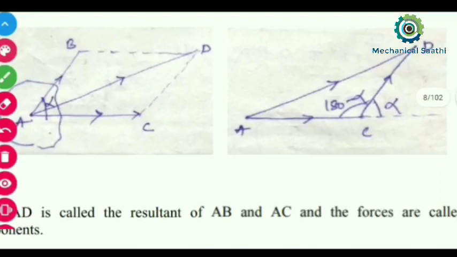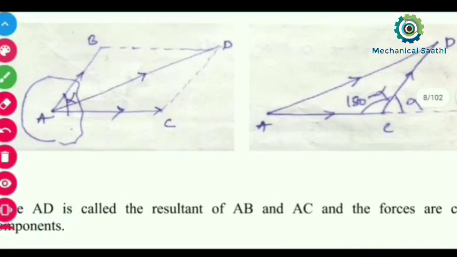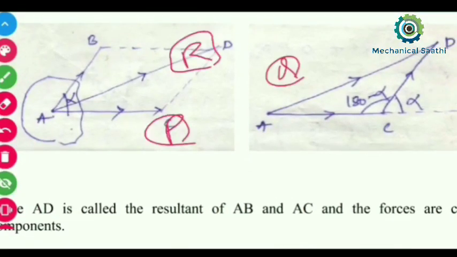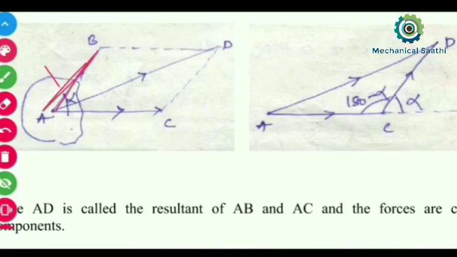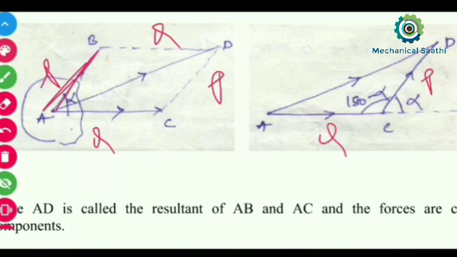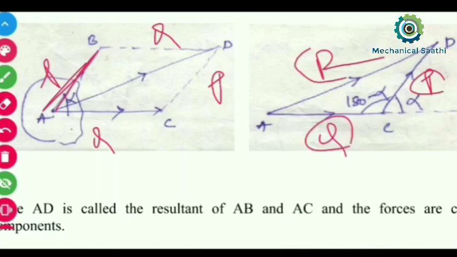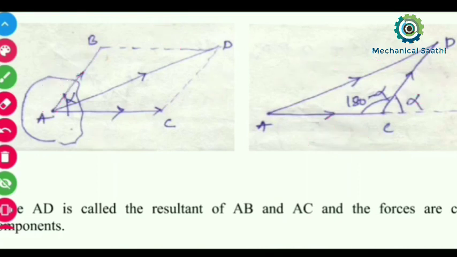So we have drawn this figure from this one. Okay, so this is P and this is Q. So this will also be P and this will be Q. Here we can write this will be your P, this will be Q and this will be R. These are the two components known to us, and we need to calculate the value of R in terms of P and Q. So let us try to find out that.